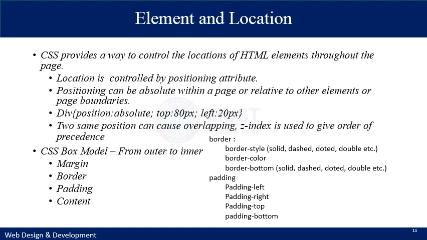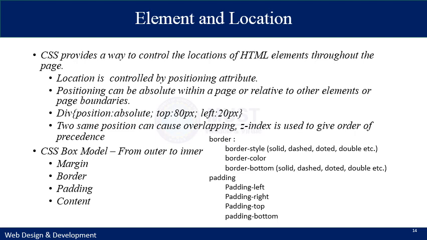So you can also control the location of the elements. CSS provides a way to control the location of HTML elements throughout the page. It is controlled by the positioning attribute. Positioning can be absolute within the page or relative to other elements or page boundaries. If you use absolute positioning, your element will be positioned with respect to the screen or the page size of your browser.